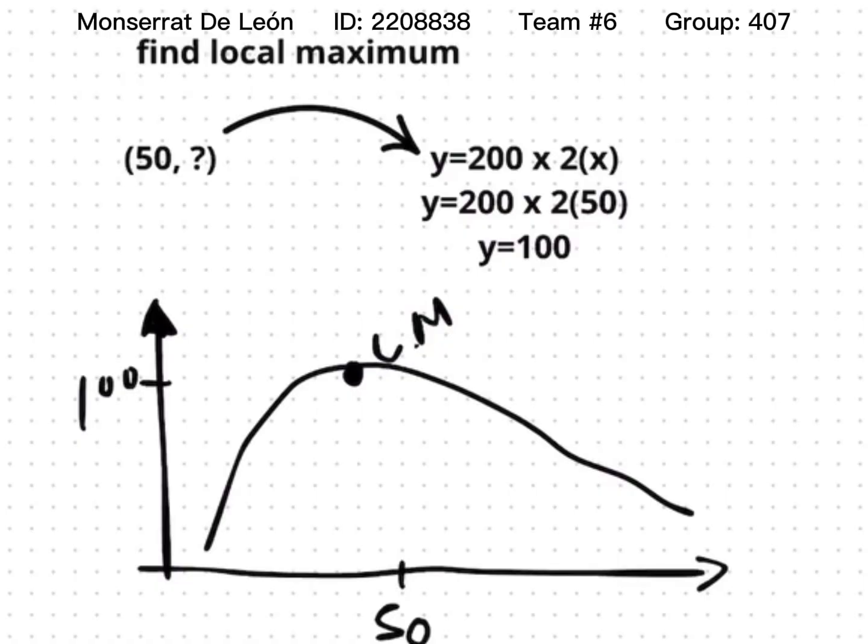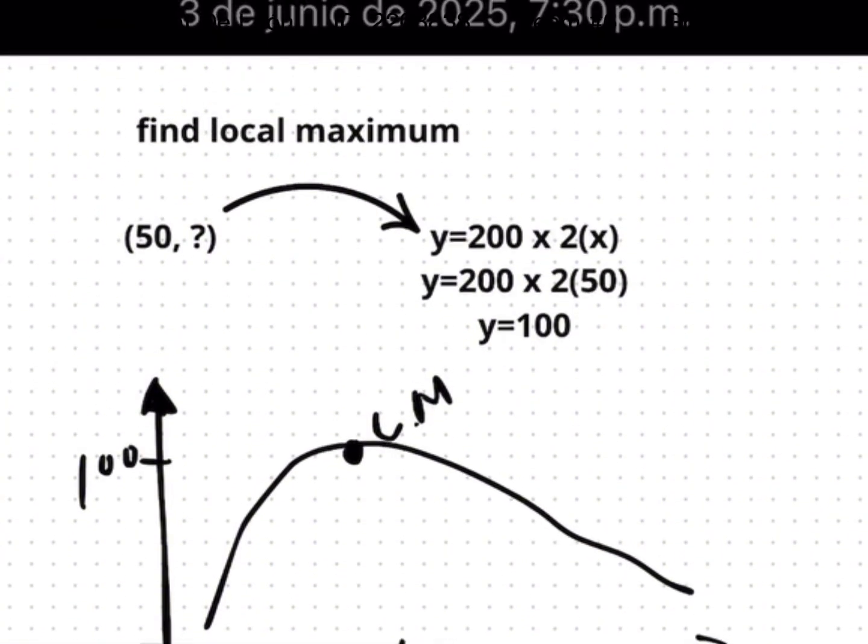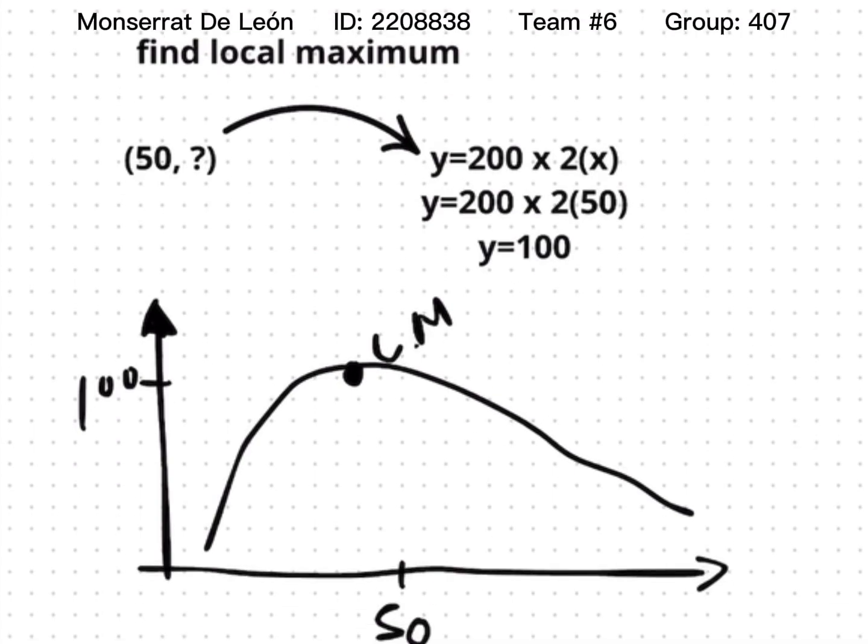To find the local maximum point, we have to evaluate the results that the previous procedures have shown. With this information we can conclude that the x-coordinate of the local maximum is 50.